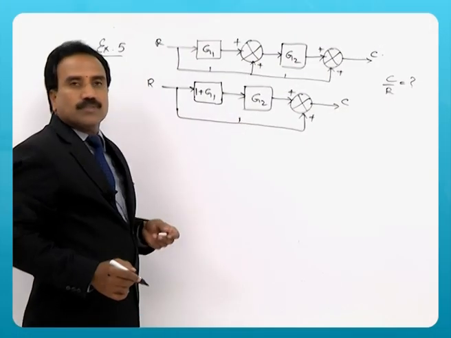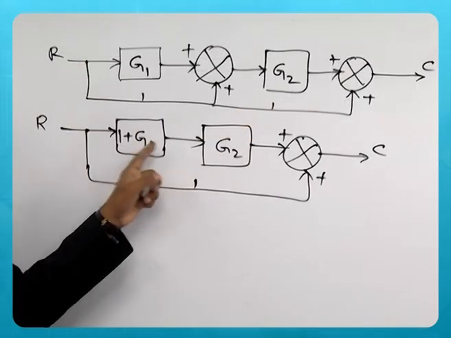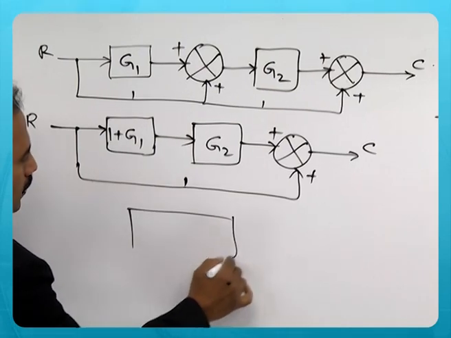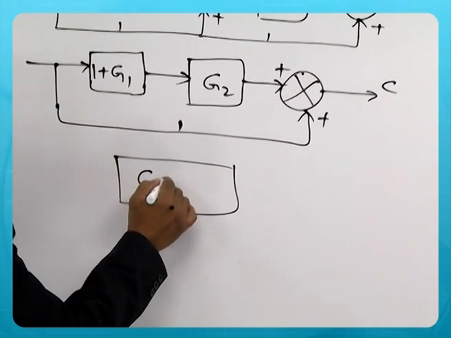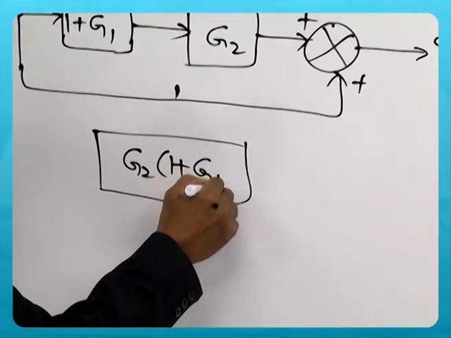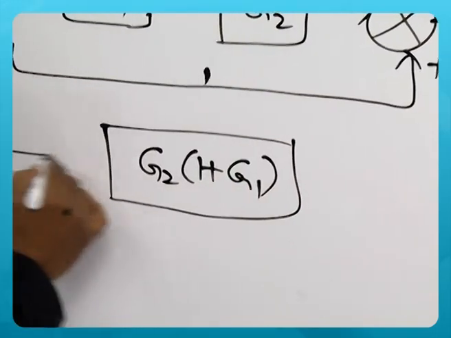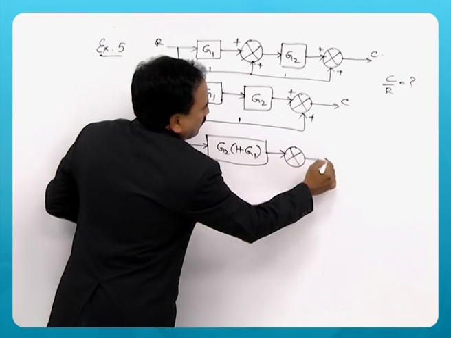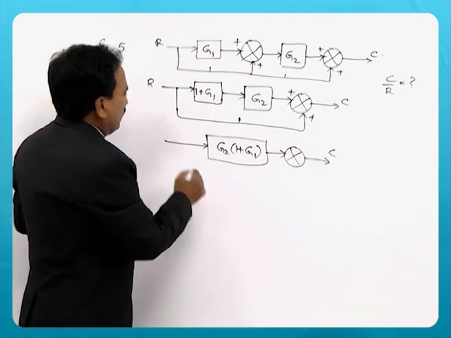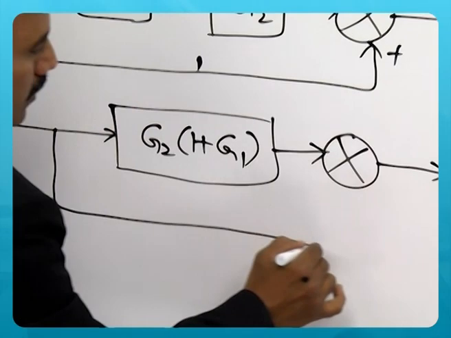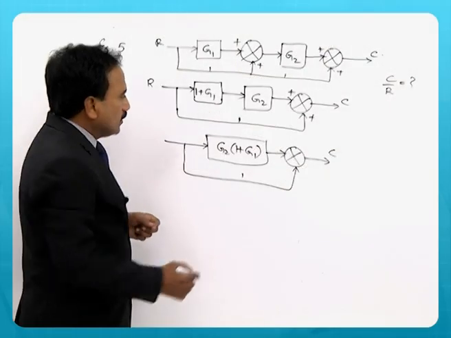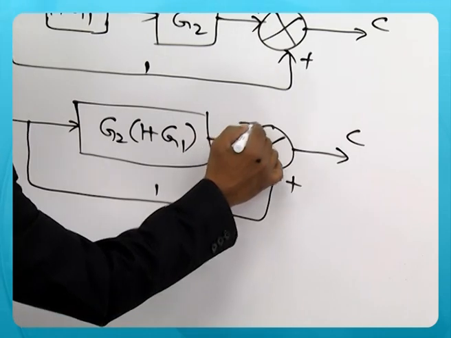So now these two blocks are in cascade. So you get G2 into 1 plus G1, and then C, and this signal is going to the summing point with the same sign, plus and plus.